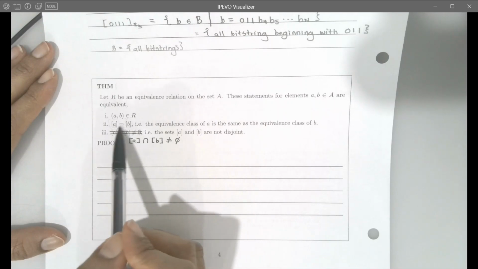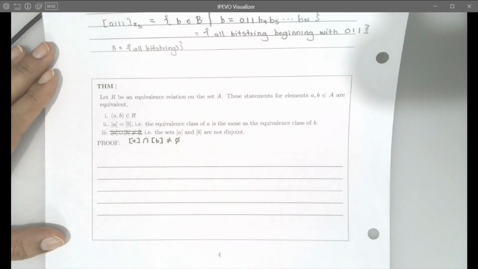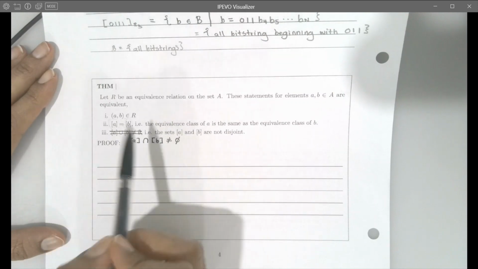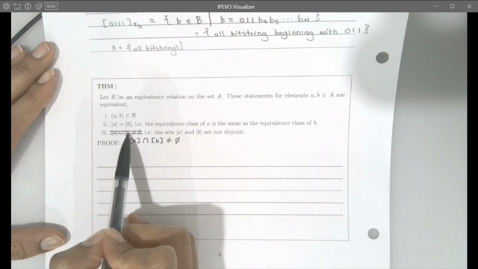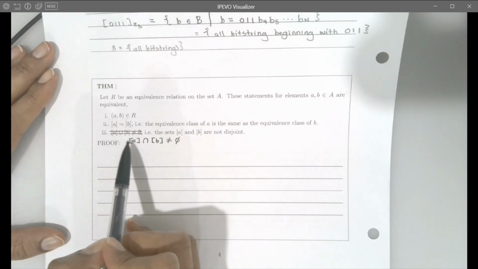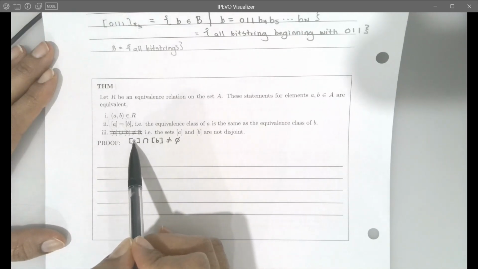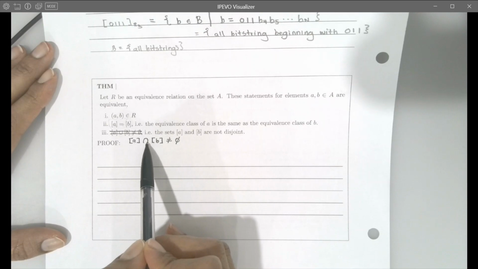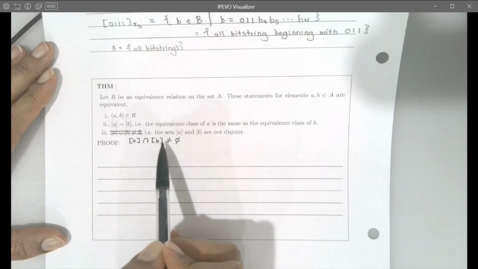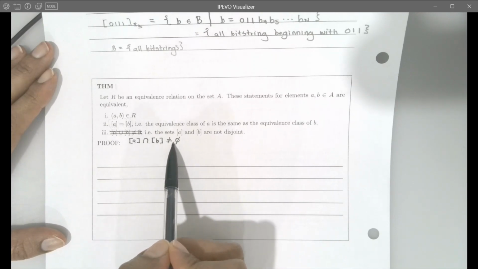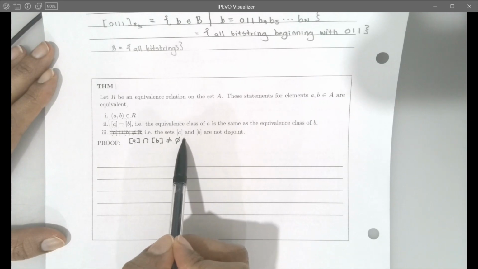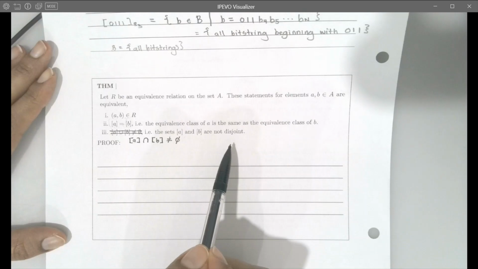And for the last one, there is a typo, so there is a union between the two equivalence classes. There should be an intersection. So it reads, the equivalence class of A intersect the equivalence class of B is non-empty, meaning the equivalence classes of A and B are not disjoint.